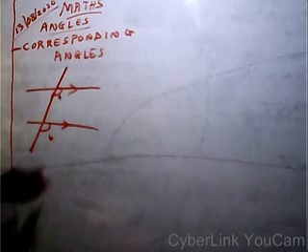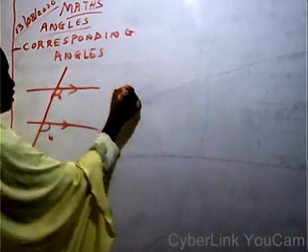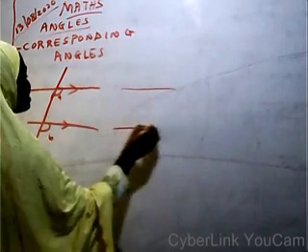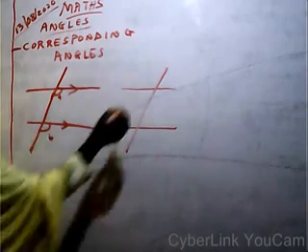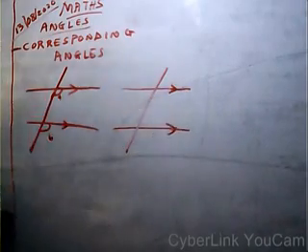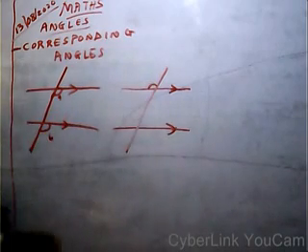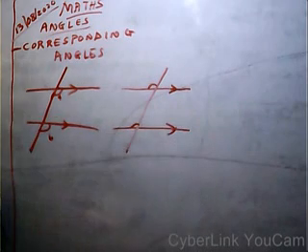So the F can be formed in any way. It may look like this, at times it may also look like this, at times it may be turned upside down. Just note that your F shape is being formed. Look at this one. This angle is equal to this angle.